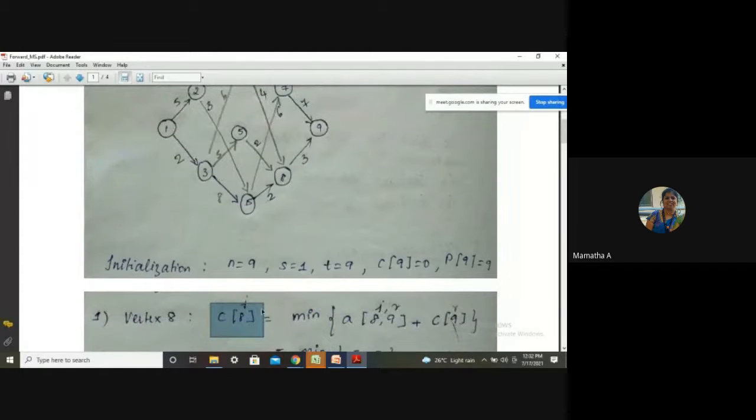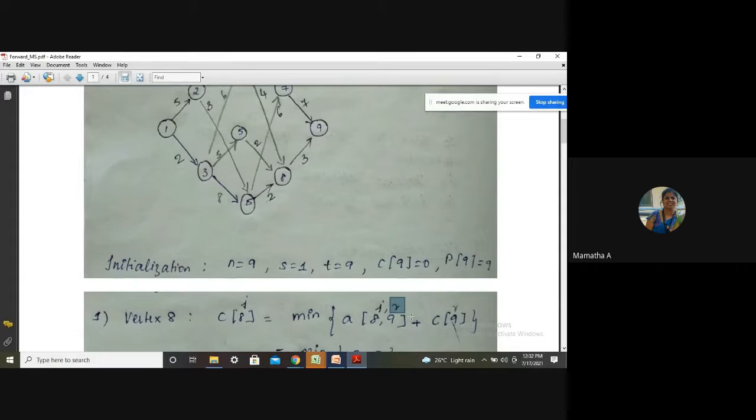Can you observe, is there any edge moving from 8 to some other vertex? 8 to 9, ma'am. So we have only one edge. That means we have only one R. What is that R value? 9. Are you all understanding? R value is now 9 to me. Only one I have.